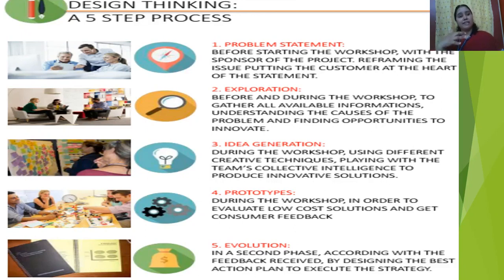Then the fourth stage is the prototyping stage, where you build models or prototypes, evaluate different measures that are available, and develop one particular framework or model which you deem very effective for solving this particular problem which has been faced.